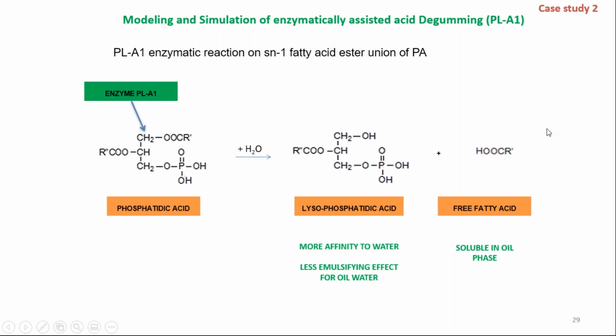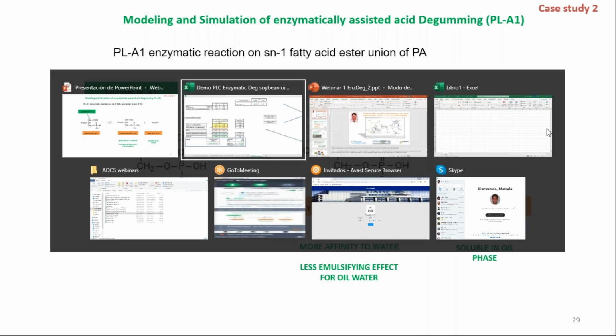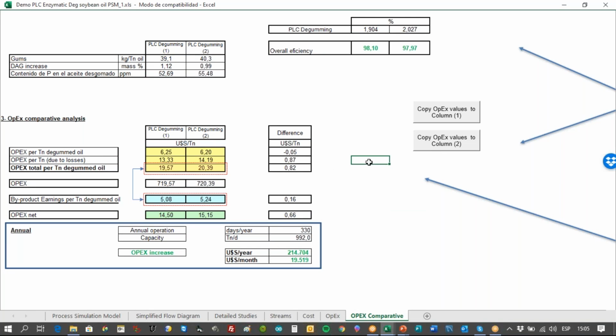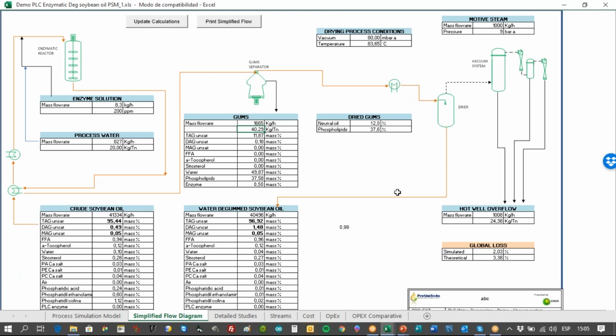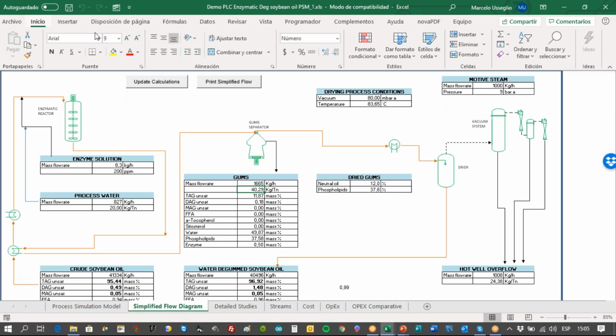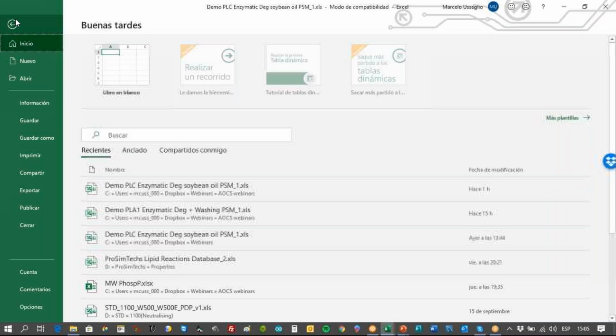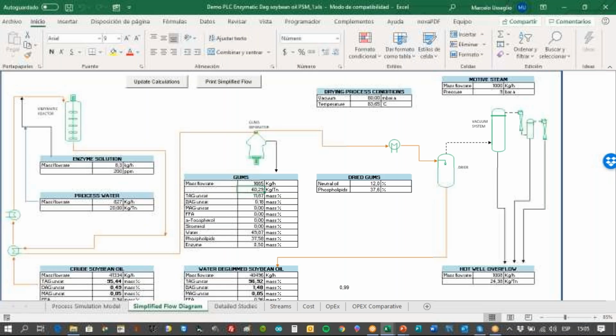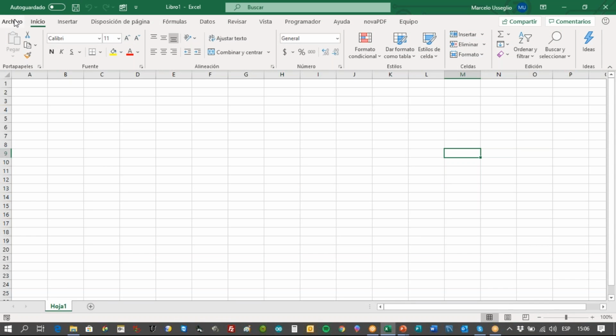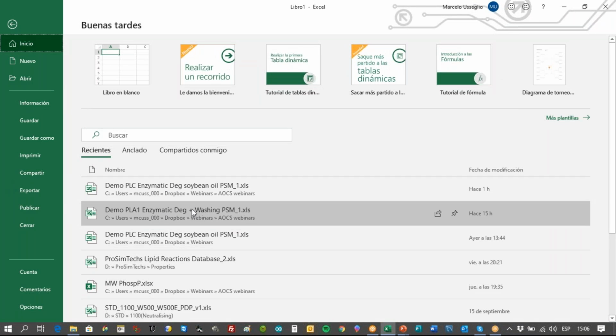Okay. Now I'm going to switch to the simulation model of this PLA1 process. First, I'm going to close this one, and I'm going to open the second one.